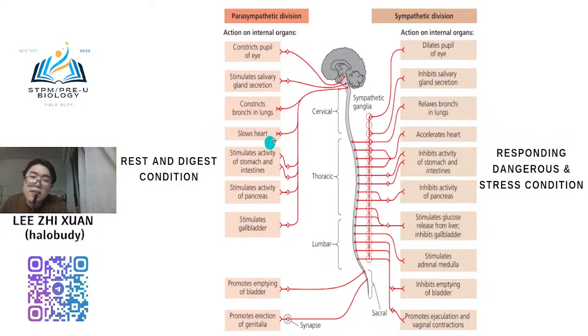So you see here, for parasympathetic, when the nervous system releases the neurotransmitter we call acetylcholine, it will slow down the heart, right?